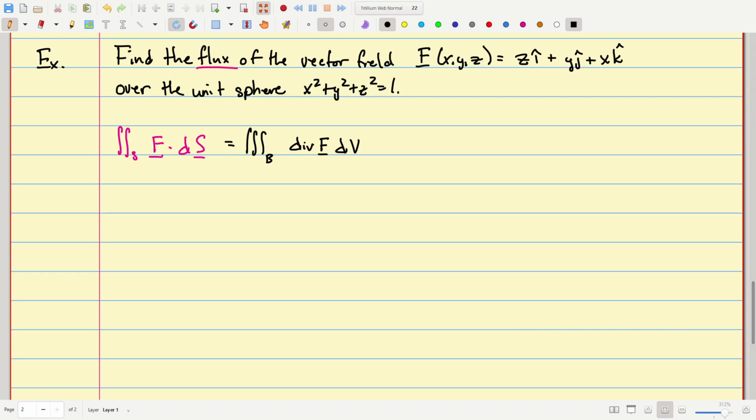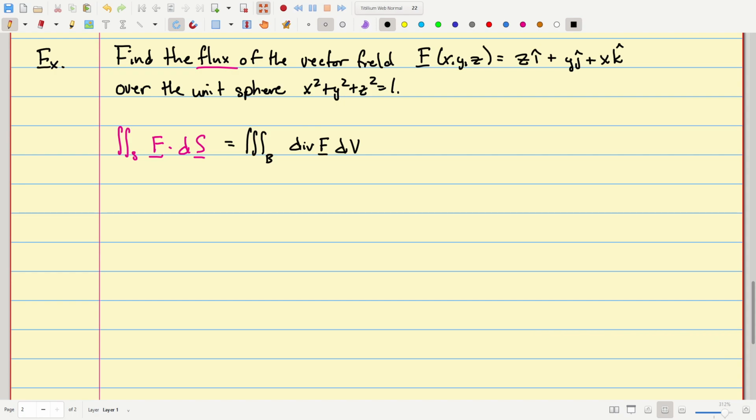And so we could do the surface integral, or we can do what we will find is the much easier volume integral in this case. It depends on the case. In general, there won't be one that's easier or harder to do.